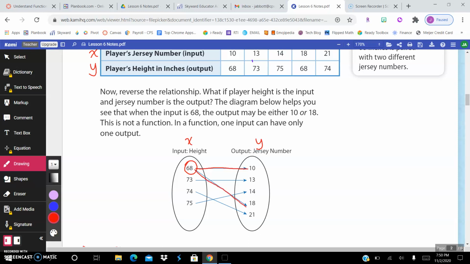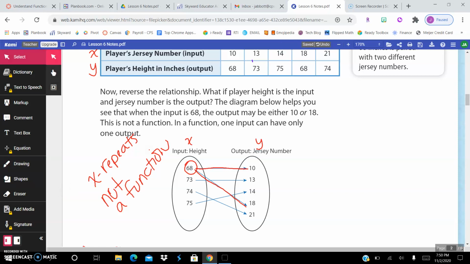It is also going to the number 18. So an x repeats here. So this is not a function. So always look at the x values.